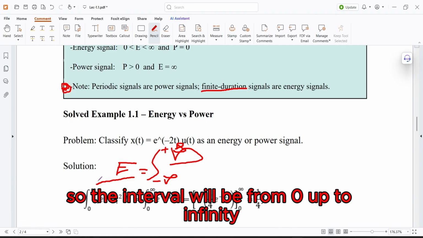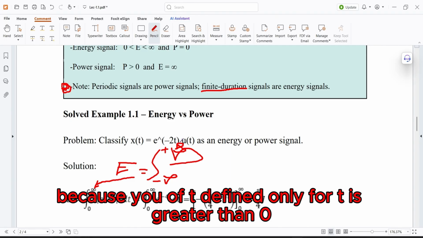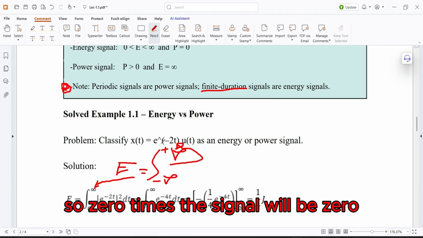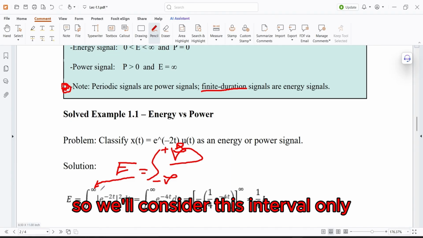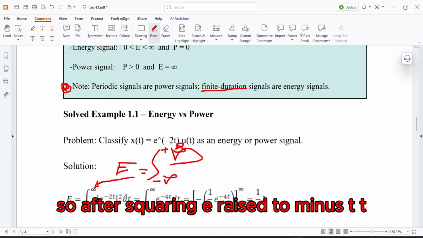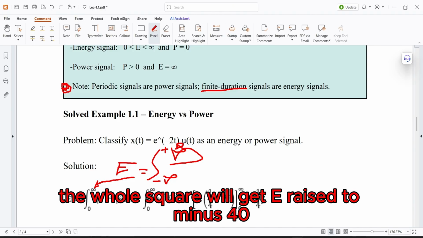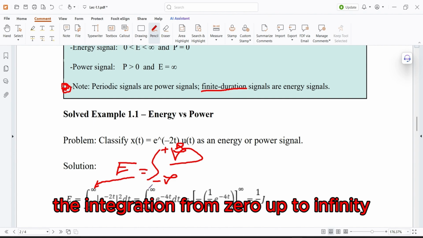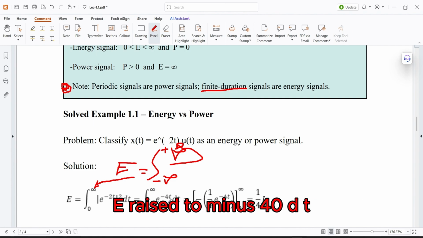The interval will be from 0 up to infinity, because for t less than 0, u of t is 0, so 0 times the signal will be 0. So we'll consider this interval only. After squaring, e raised to minus 2t the whole square gives e raised to minus 4t. So the integration becomes the integration from 0 up to infinity of e raised to minus 4t dt.